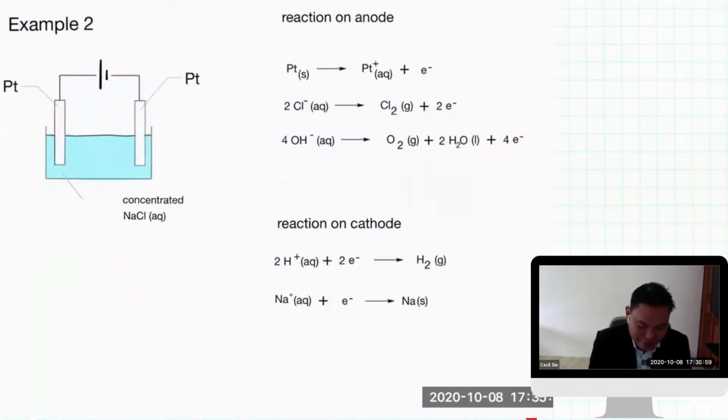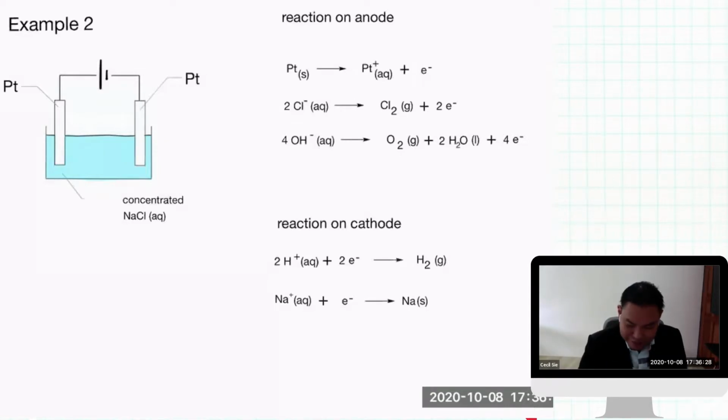Example 2, very, very similar. You have platinum and electrolyte is concentrated sodium chloride. Both the anode and cathode are platinum. We have 5, Na plus and H plus, we don't need to consider.